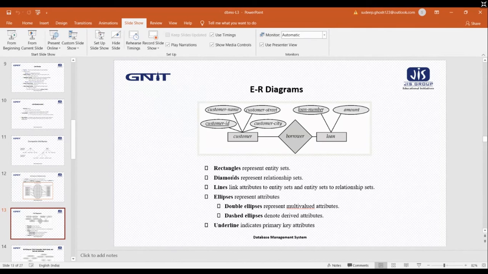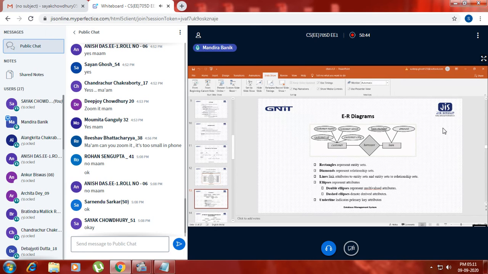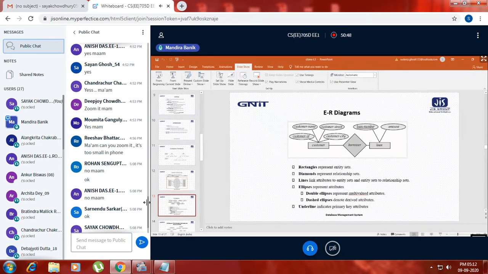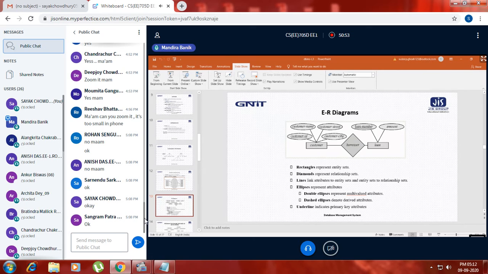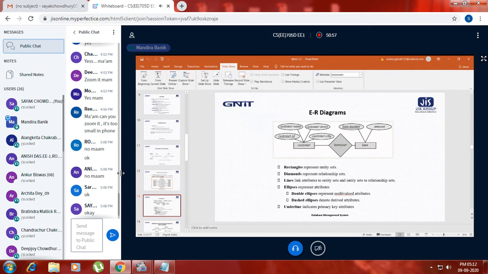You can see it. So the ellipses are representing the attributes.